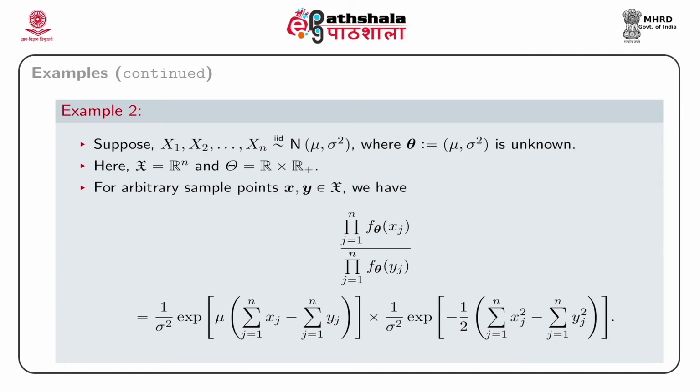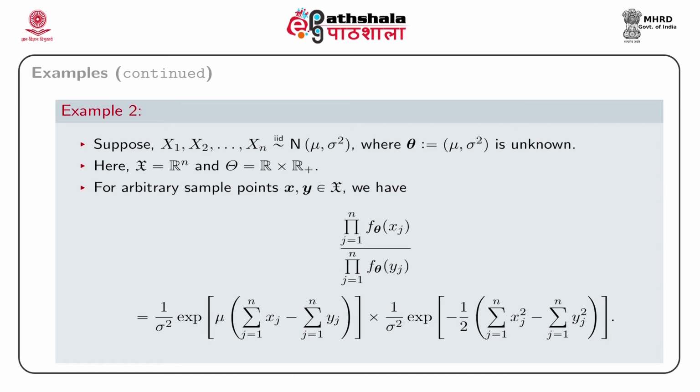After some algebraic manipulations, it reduces to the form e to the power μ into (summation over i from 1 to n of x_i minus summation over i from 1 to n of y_i) divided by σ², into e to the power minus half into (summation over i from 1 to n of x_i² minus summation over i from 1 to n of y_i²) divided by σ². Let us write this as equation 2.